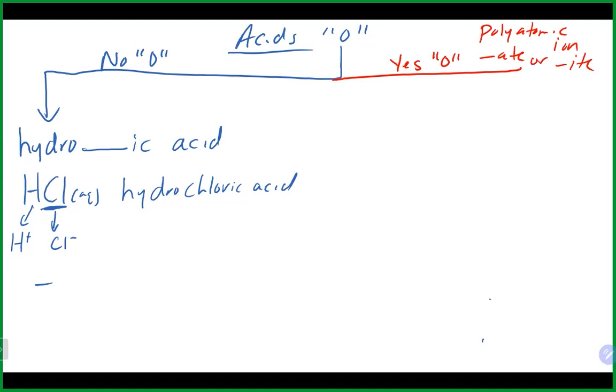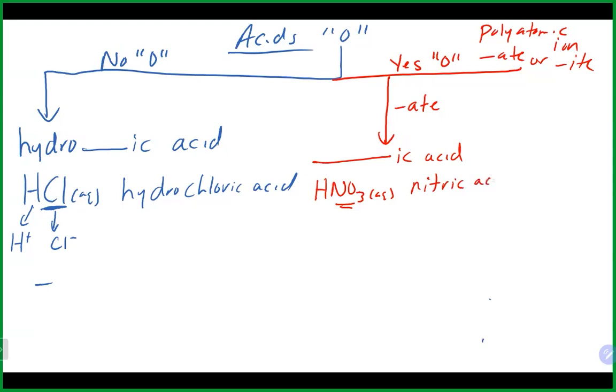Starting with if it does contain oxygen and your polyatomic ion ends in ate, your acid name will be something ic acid. So if we take HNO3, NO3 is nitrate, which means this would become nitric acid.